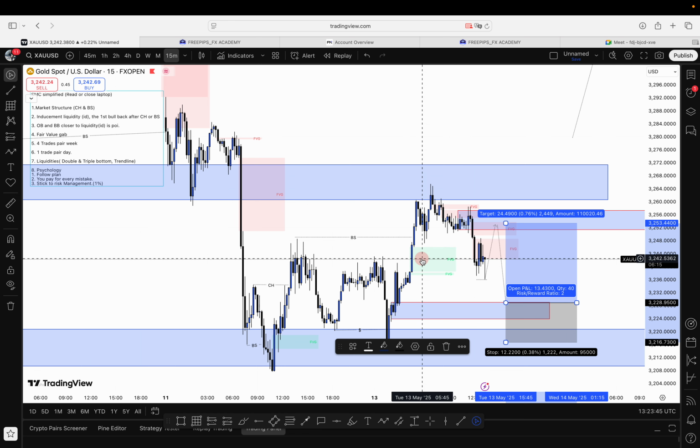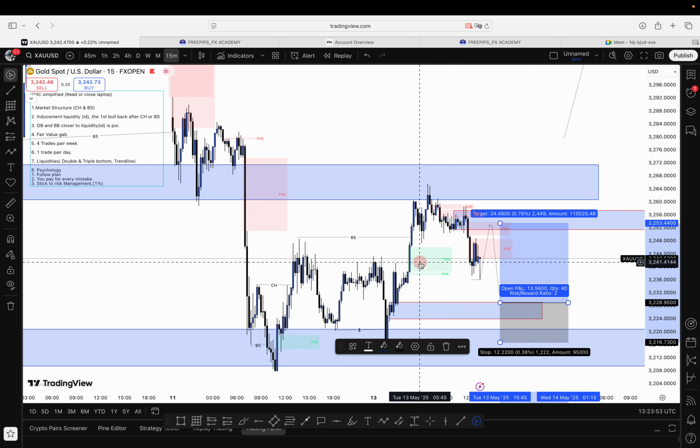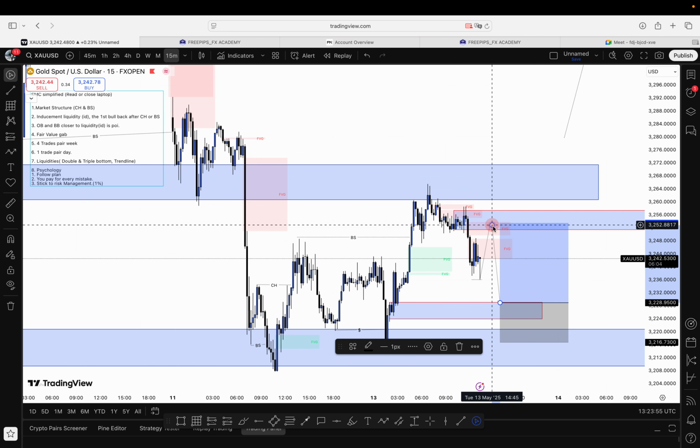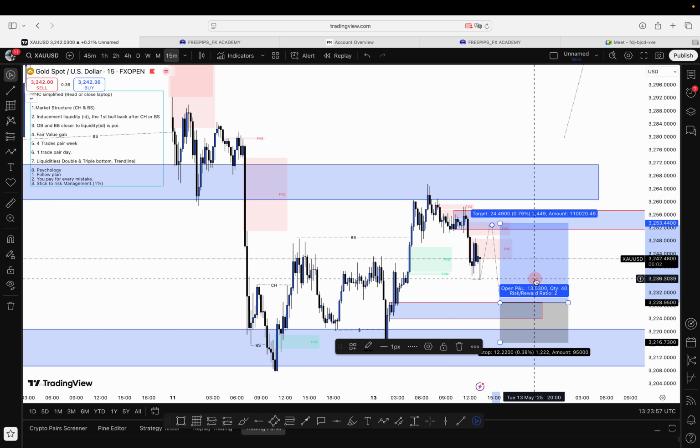For you to identify an inducement, the first pullback of a change of character or a break of structure is what we call your inducement. If you've not found it, you don't have to take any trade.